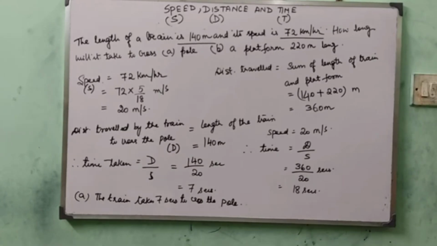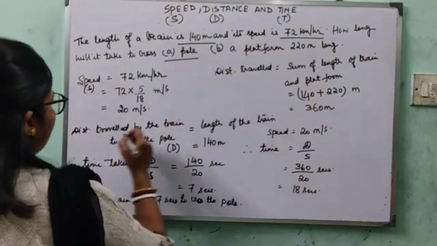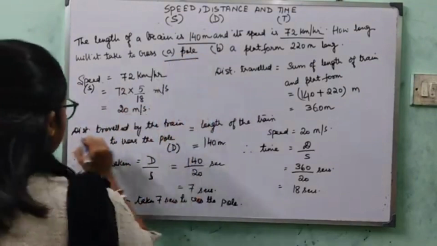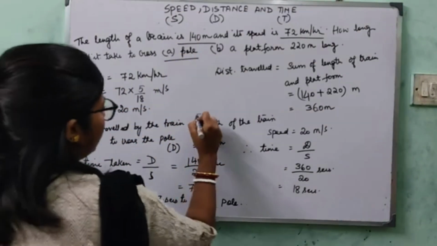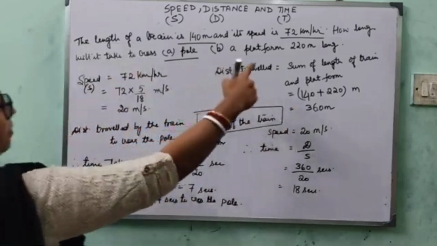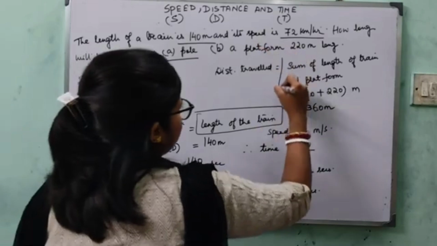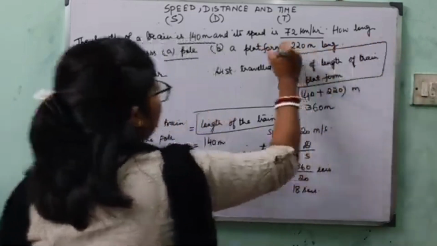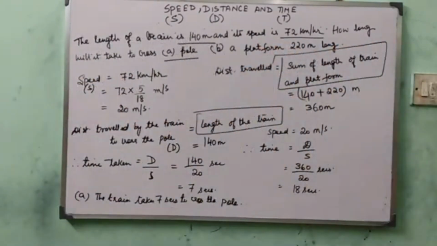So I hope the sum was quite clear to you. That is, to cross the pole you have to take the distance traveled as the length of the train, and for the platform it is the sum of the length of the train and the platform, that is 140 plus 220, that is 360.